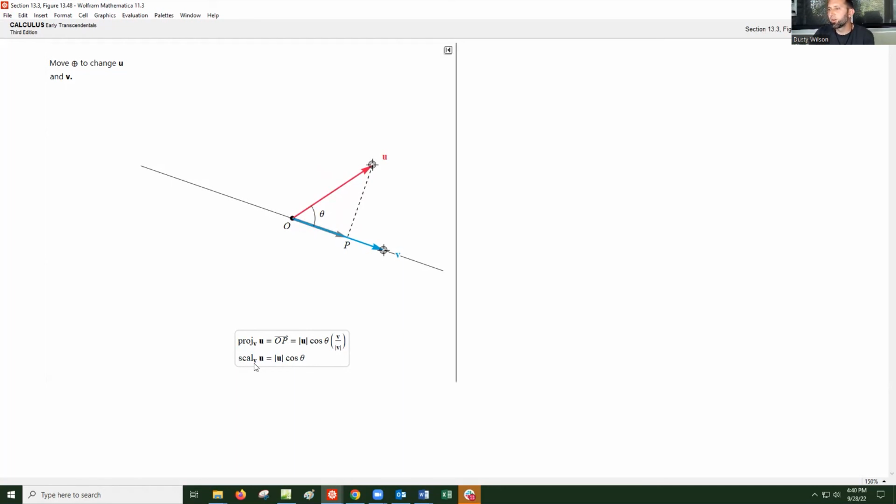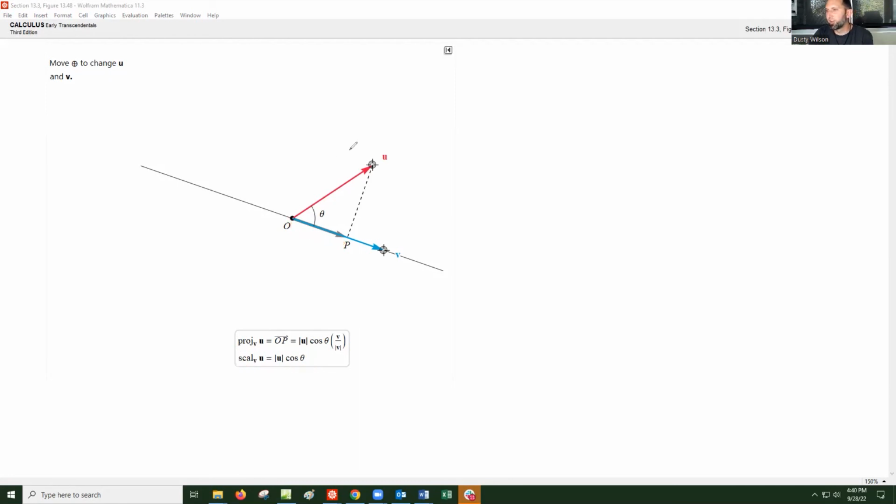And here, all it is is the length of this vector. So that's this scalar part. It's the same picture, but here we're talking about the length of the vector versus the actual vector itself. Okay.